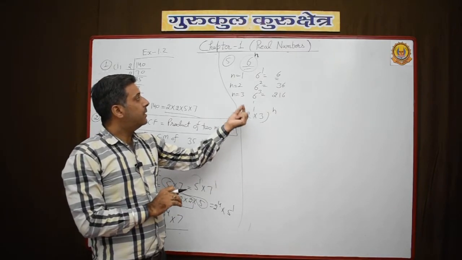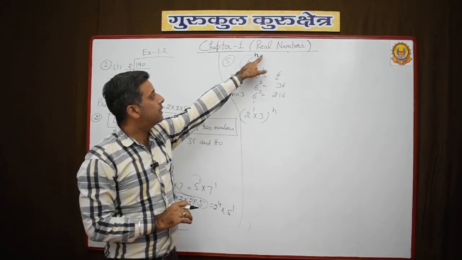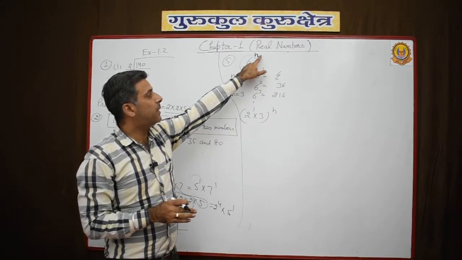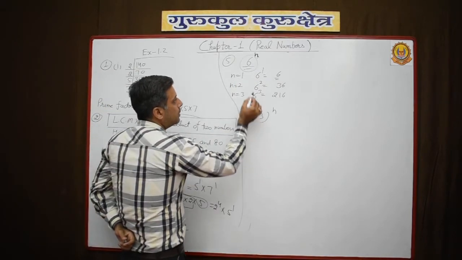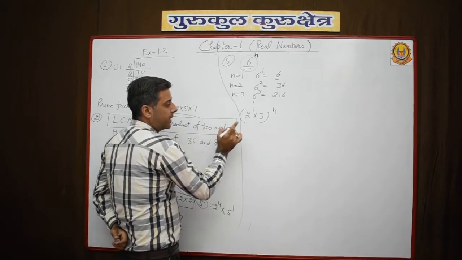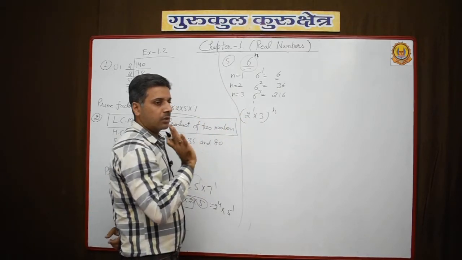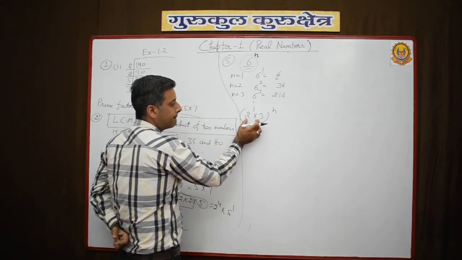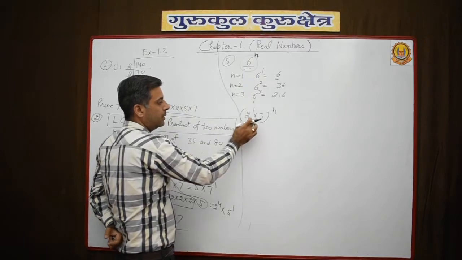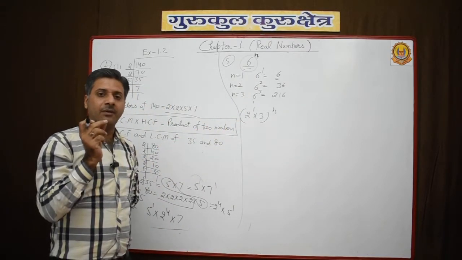Now, a number can end with the digit 0 for any natural number power n when this number contains the prime factors 5 and 2 both, because if we have the number 10 in the factorization of the given number, then we can get a number whose last digit is 0.